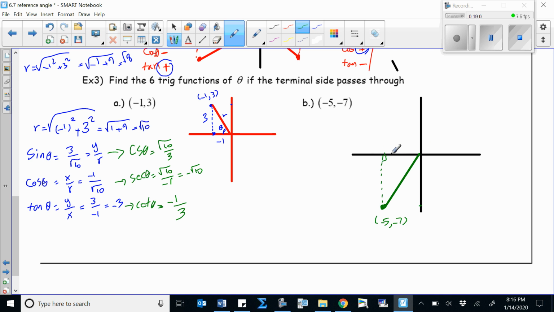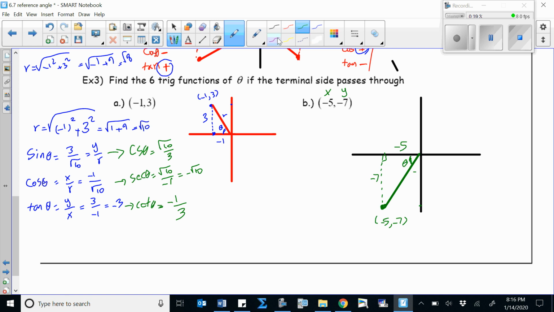Then we have a right triangle here, and the angle that we're working on is this angle, theta, not the one which is made with the y-axis, the one which is made with the x-axis. Okay. So the x value is -5 and the y value is -7.